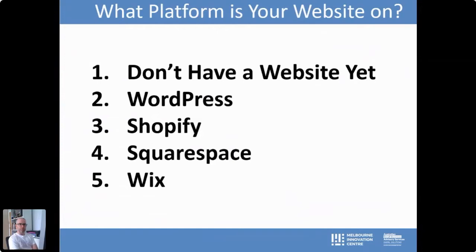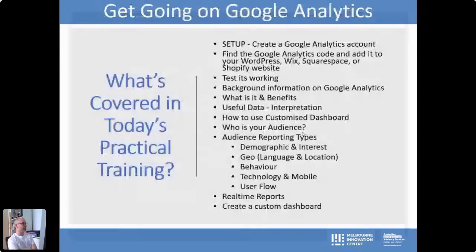So the majority of people have got a WordPress, Shopify, Wix, no Squarespace today, which is good. And Carla's got a Weebly site. So Gay's only got a web address. She hasn't started building her site yet. That's completely fine, Gay. Okay, so it's good to know. So we're going to talk about WordPress, Shopify, and Wix. And I'll show you, Carla, how you can get the instructions for figuring out how to install Google Analytics with your Weebly site as well.